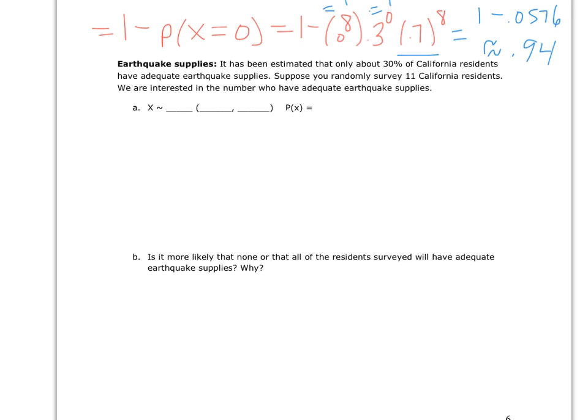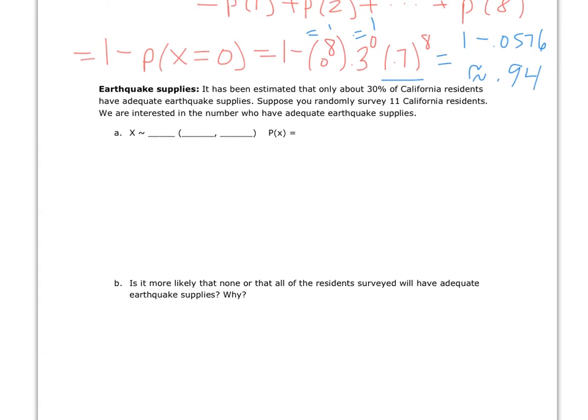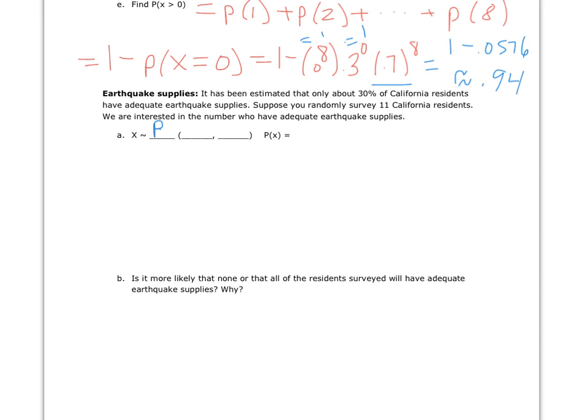Let's fill out the binomial distribution. We're in this section on binomial, so every single time that first identifier is going to be binomial. We're going to add other distributions where we might have to think a little harder about what goes in there, but right now it's always just going to be the B for binomial. To figure out what n is here, we're surveying 11, so that's our n, and the probability of a success, that they have earthquake supplies, is 0.3.